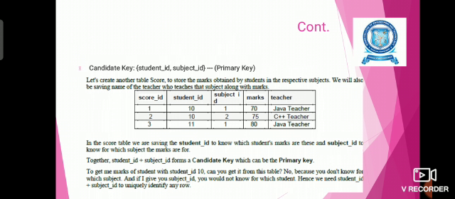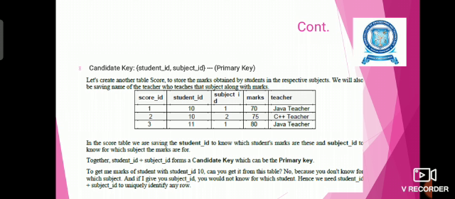The student with student ID 10 has scored 70 marks for Java and 75 marks for C++, and there is one more attribute, teacher. Subject ID 1 is handled by the Java teacher, and subject ID 2 is handled by the C++ teacher.